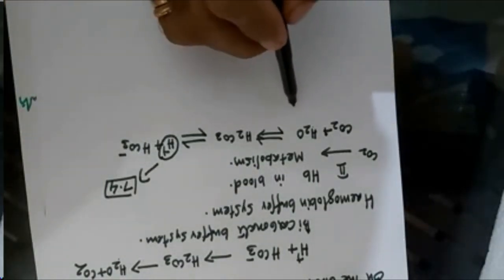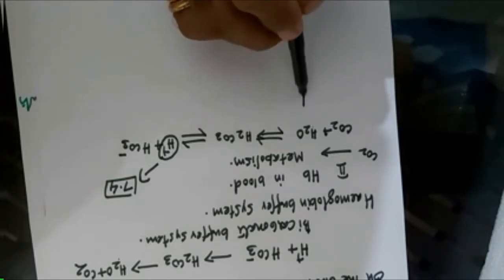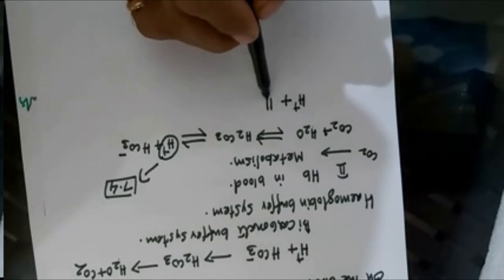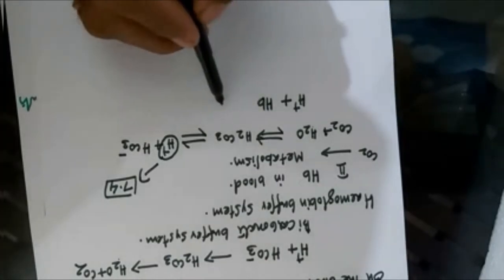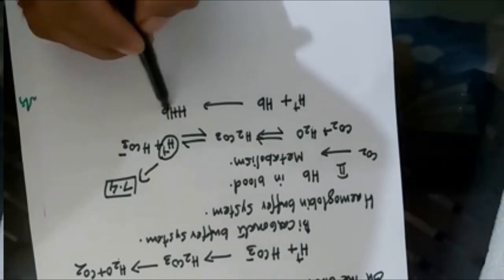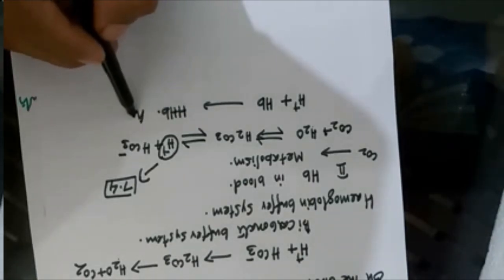And how does it take place? This H+ ion combines with the hemoglobin to form HHb. This is called hemoglobinic acid.